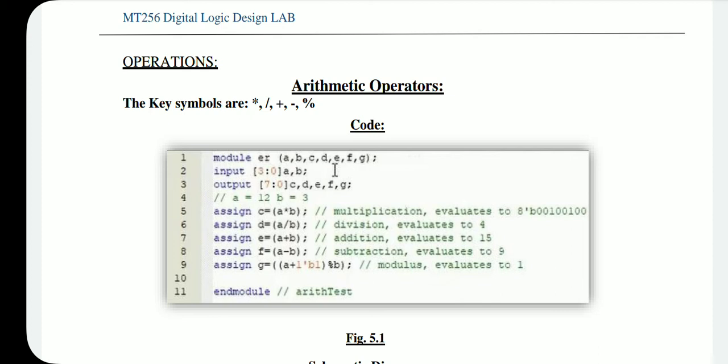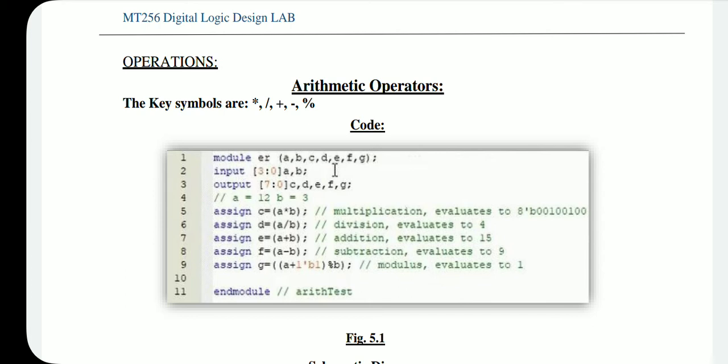First, we assign C equal to A multiply B, which performs multiplication. Second, D is equal to A divide B, which evaluates division.